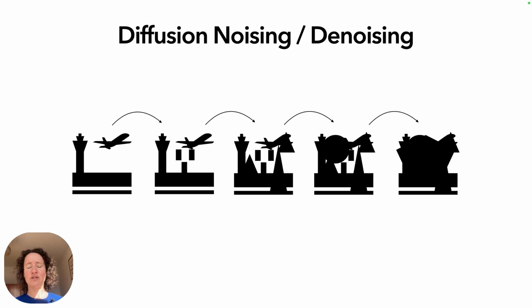And then if we can do that, we should be able to learn a way to then go backwards to essentially take something noisy and then try to learn what is the noise here and then remove it, and remove it, and remove it until we get something like the image.